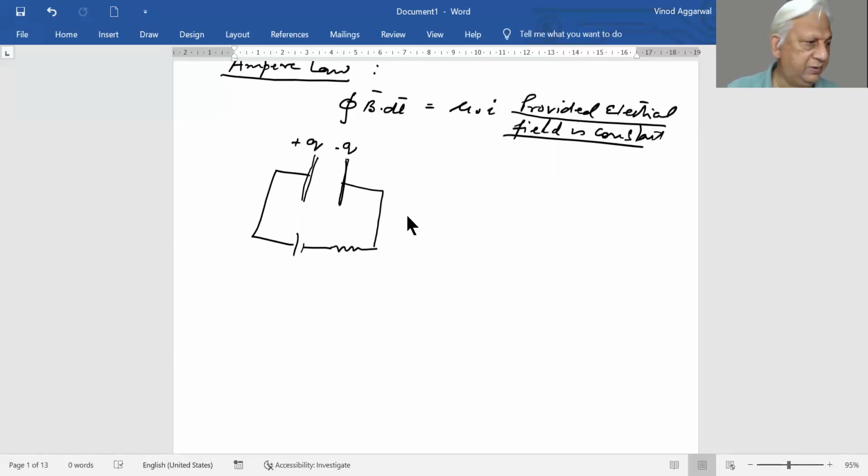It has been found out by Maxwell that the actual corrected Ampere's law would be like this. The loop integral would be plus another term, which is called displacement current, and this is added on account of change in electrical field.